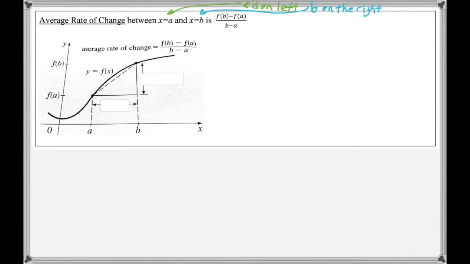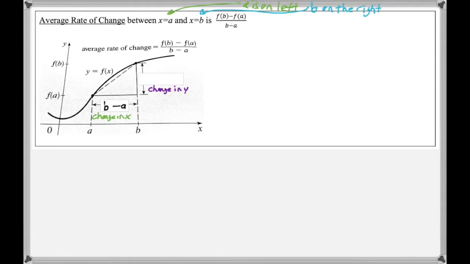So this average rate of change really comes from the change in y over the change in x. So to find this distance, we need to take b minus a.